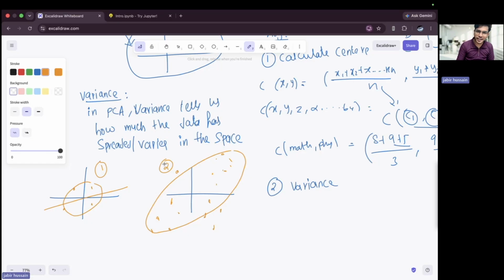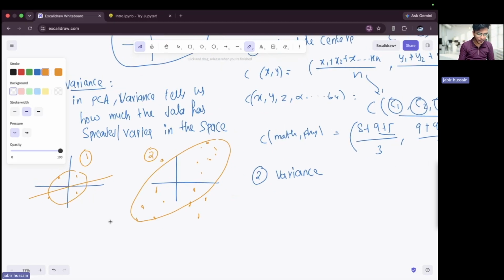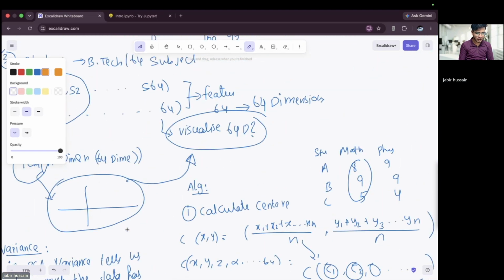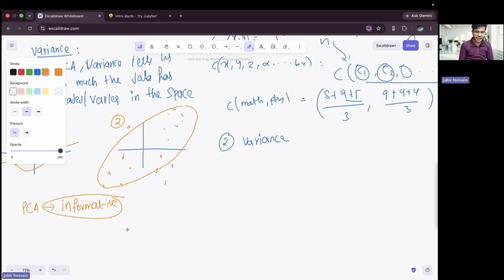Now, why do we need it? To understand why there is a need for variance, you need to understand what I have told you: PCA always gives you only the needed, or you can say informative, data. And you tell me, which data is useful?